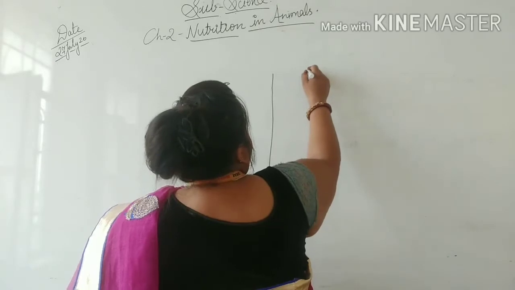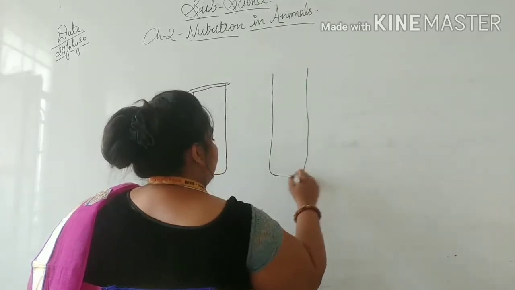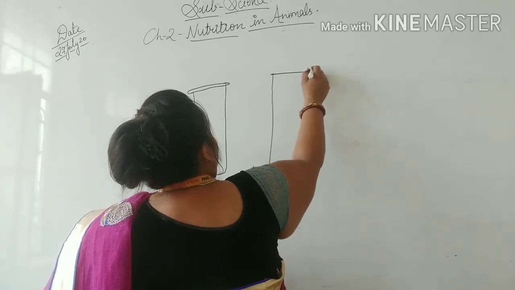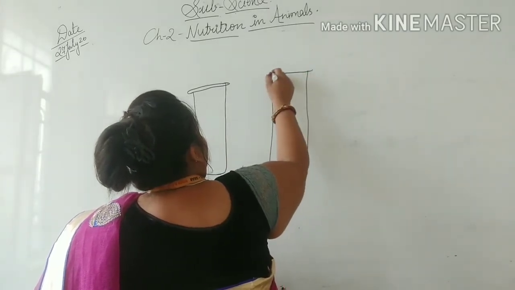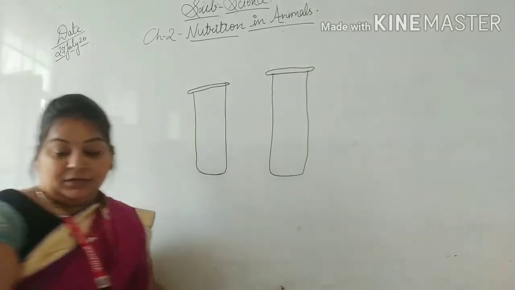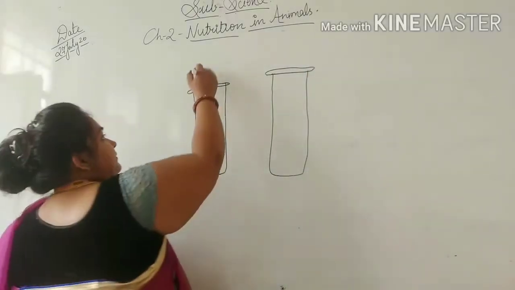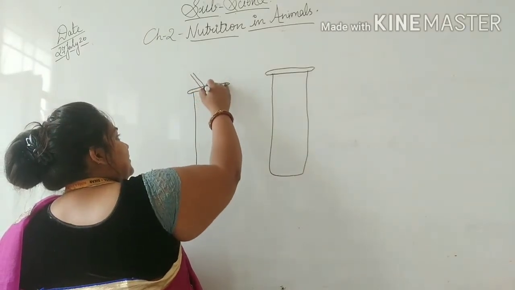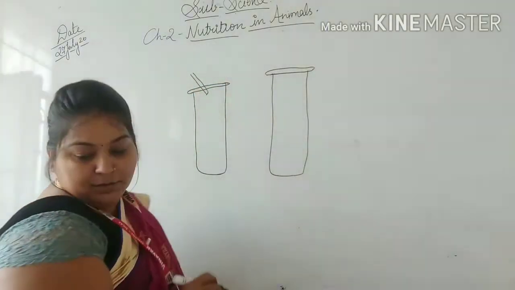So I can make you understand clearly in this, and it will be easier for you to understand too. So these are 2 test tubes I have taken, and in them we are dropping something, okay?